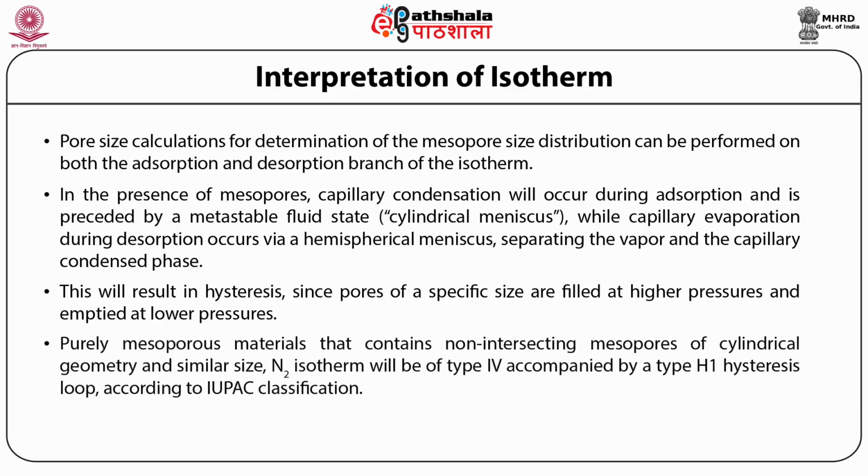For purely mesoporous materials that contain non-intersecting mesopores of cylindrical geometry and similar size, the nitrogen or N2 isotherm will be of type 4, accompanied by a type H1 hysteresis loop according to IUPAC classification.